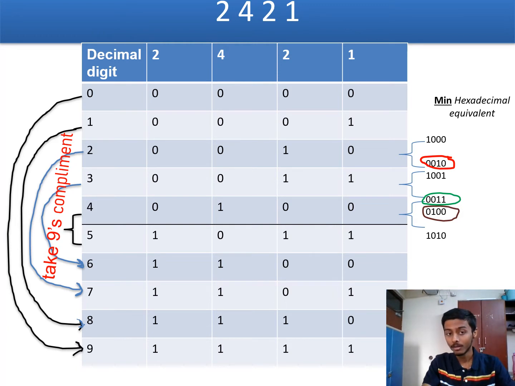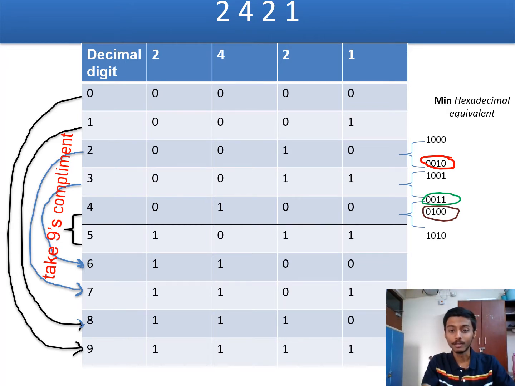For 1, weightage is given only to 1, so we write it as 0001. But for 2, we have two possibilities. We can write it as 0010, or we can give weightage to the MSB and write it as 1000.